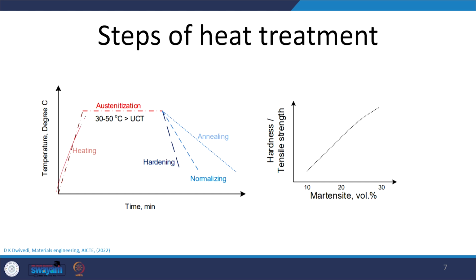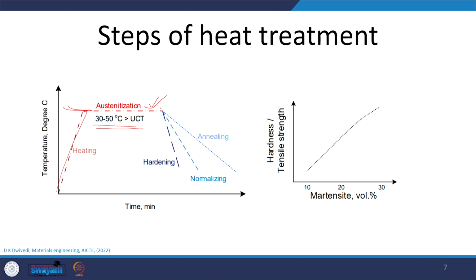In simplified form, the heat treatment steps involve first heating to the desired temperature, that is 30 to 50 degrees centigrade above the upper critical temperature, to achieve a homogeneous austenitic state. This time should be sufficient to achieve the homogeneous austenitic state.